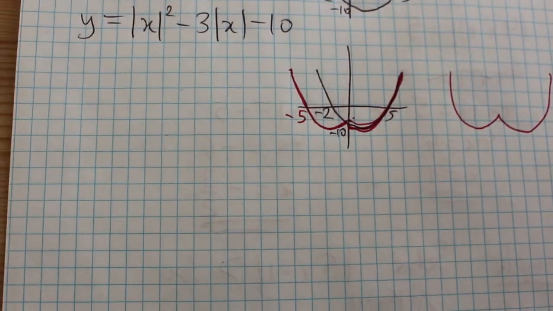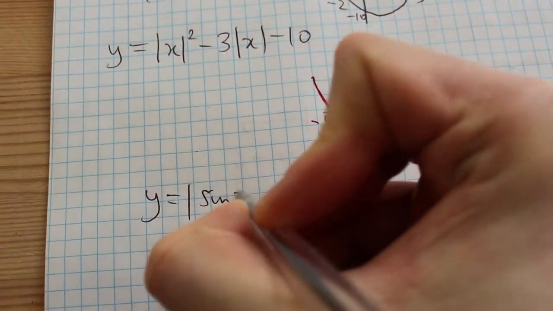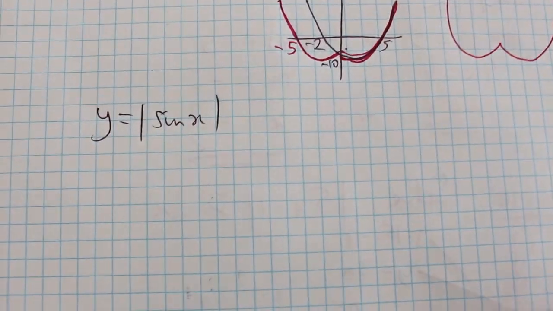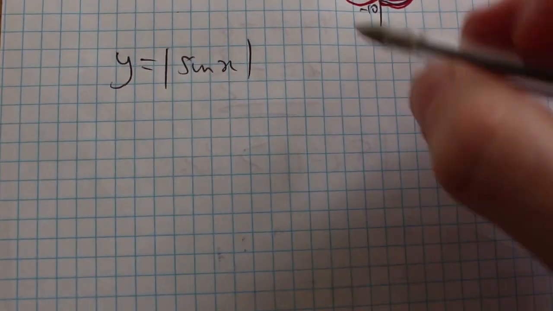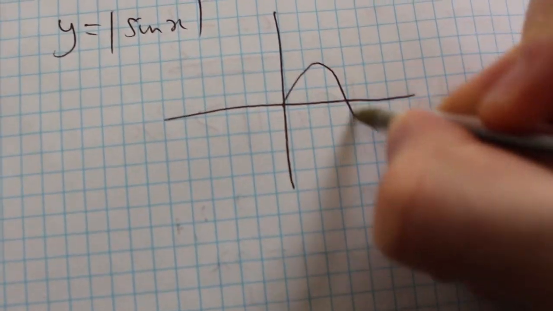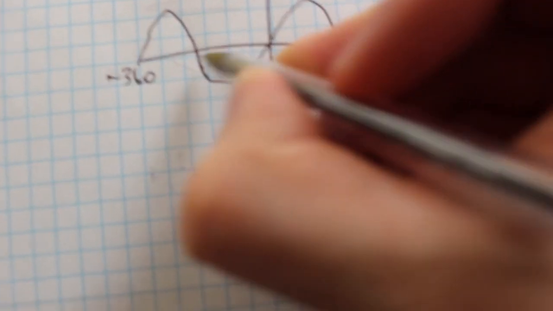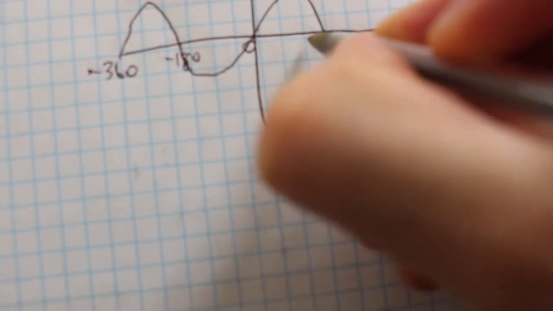And then part C says draw the graph y equals the modulus of sine x. Well, first let's just remind ourselves what the graph of sine x looks like. So it looks something like this, between -360 and 360.